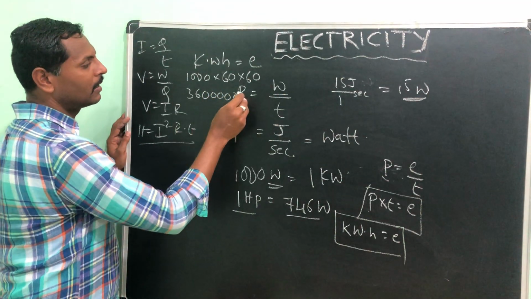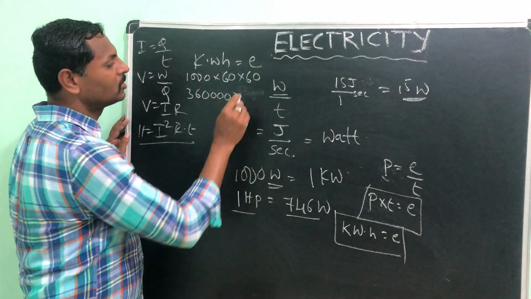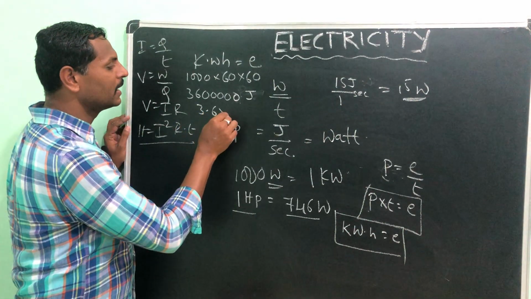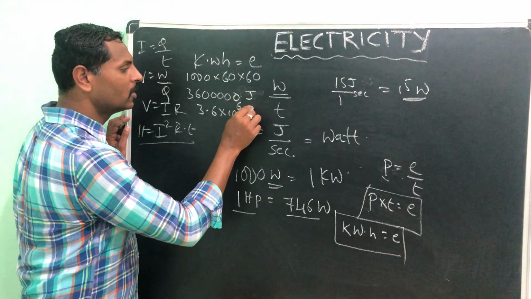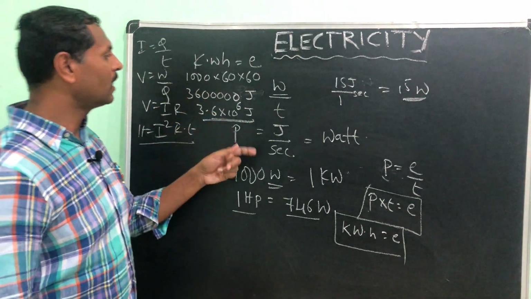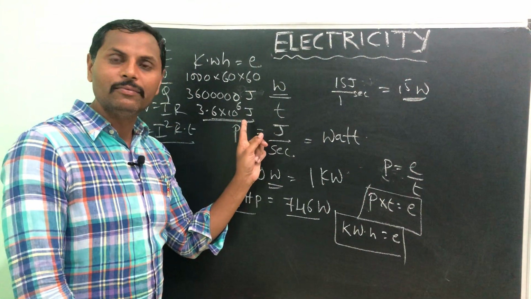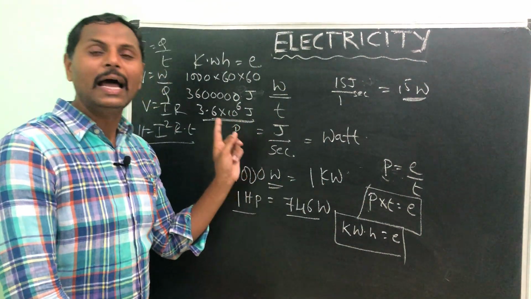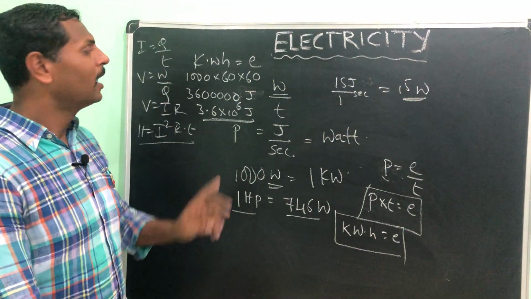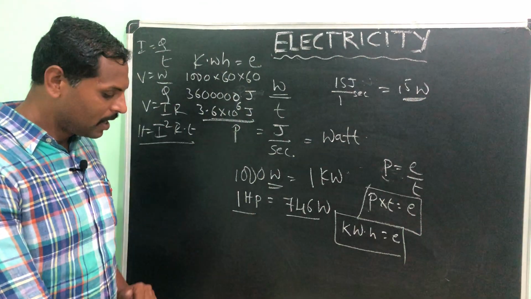You can write the energy in terms of joules like this, 3.6 into 10 to the power of 6 joules. Understood? Kilowatt hour we converted into joules. Energy we measure in terms of joule, as well as commercial unit we measure in terms of unit or kilowatt hour. Okay, understood?